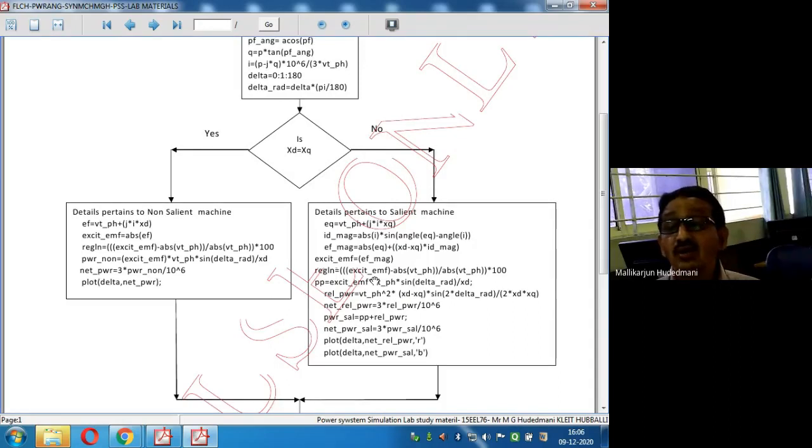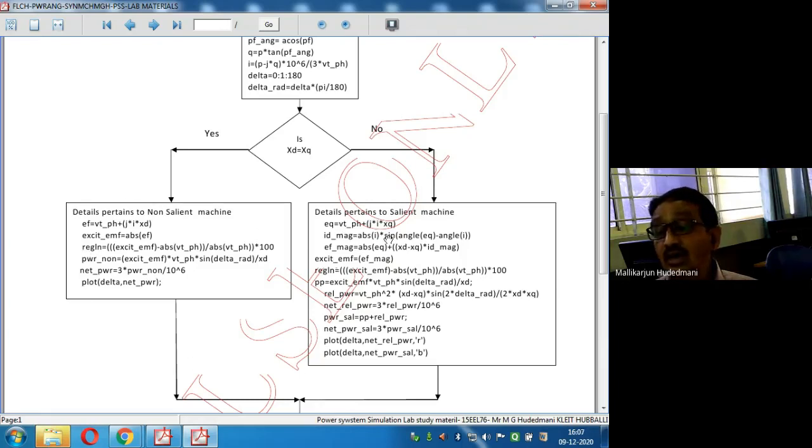Saliency, loss due to the motion, and the spreading of the flux in the air gap are different from those of a smooth cylindrical machine. Therefore, there is a computation of reluctance power due to the quadrature axis and direct axis components of the representation. Then the calculations that I perform here will change a little.